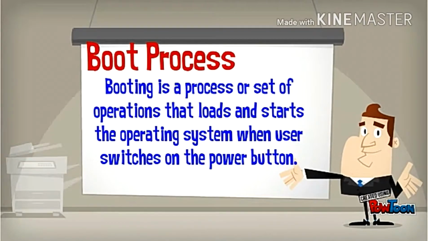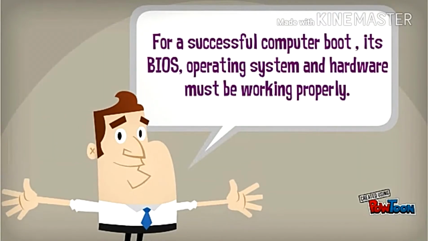Booting process. Booting is a process or set of operations that loads and starts the operating system when the user switches on the power button. For a successful computer boot, its BIOS, computer system, and hardware must be working properly.